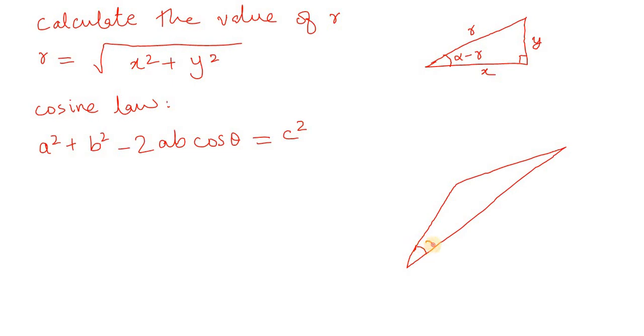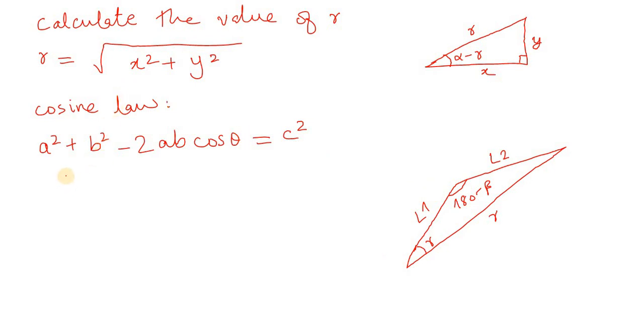The internal angles are gamma, and this is R, this is L1, this is L2, and this angle is 180 minus beta. When you want to make a relation between the sides and angles, you use the cosine law.